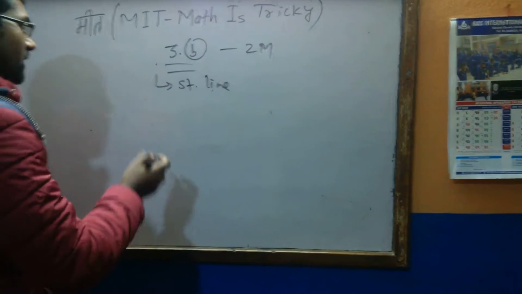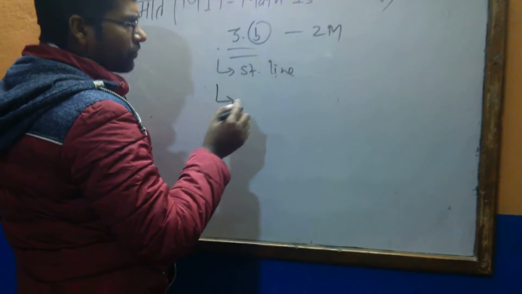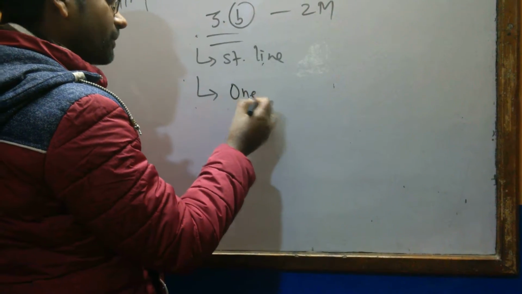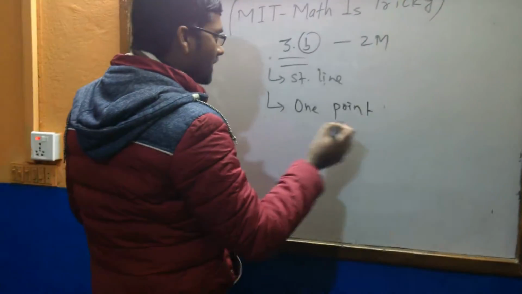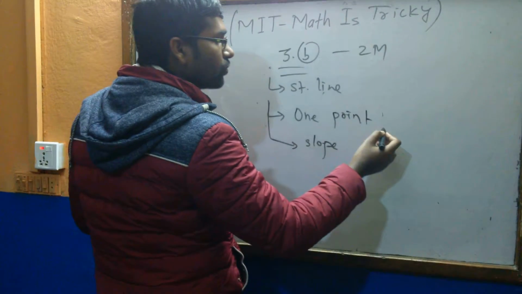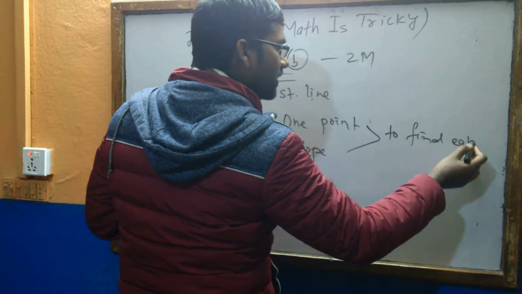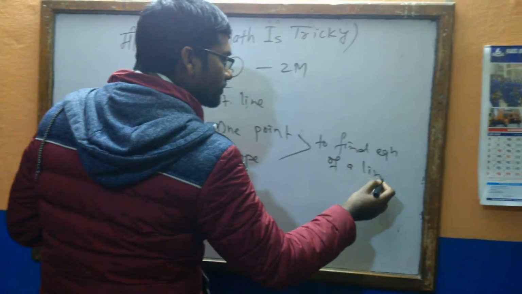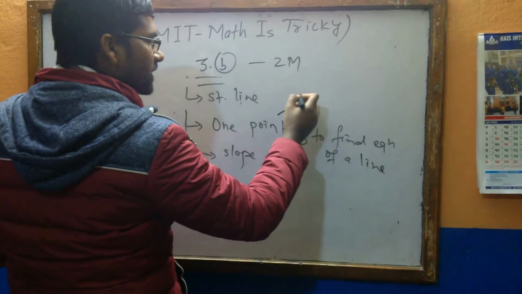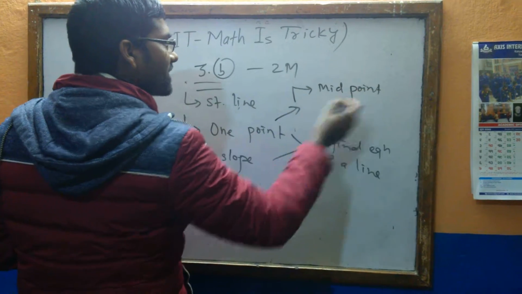In a straight line, you may always be asked to find the equation of a straight line. For this, we always need one point and a slope. So how to find a point? Sometimes we have to use the midpoint formula, the midpoint concept.